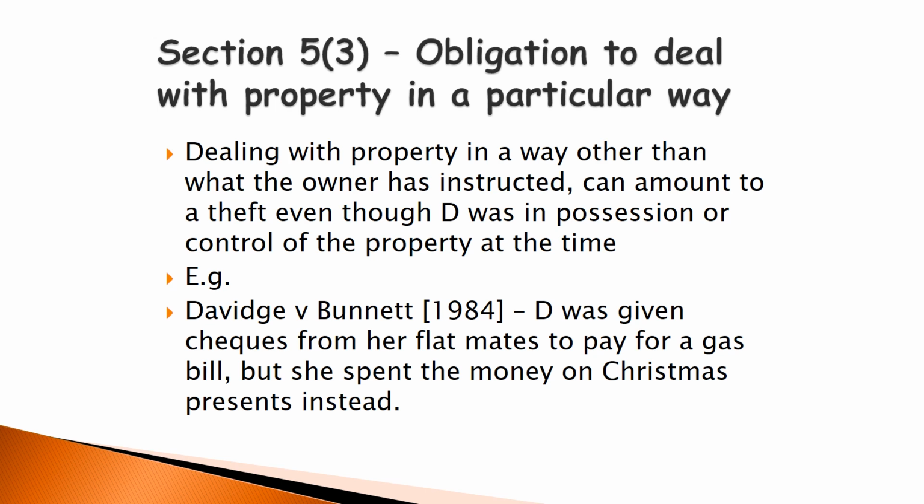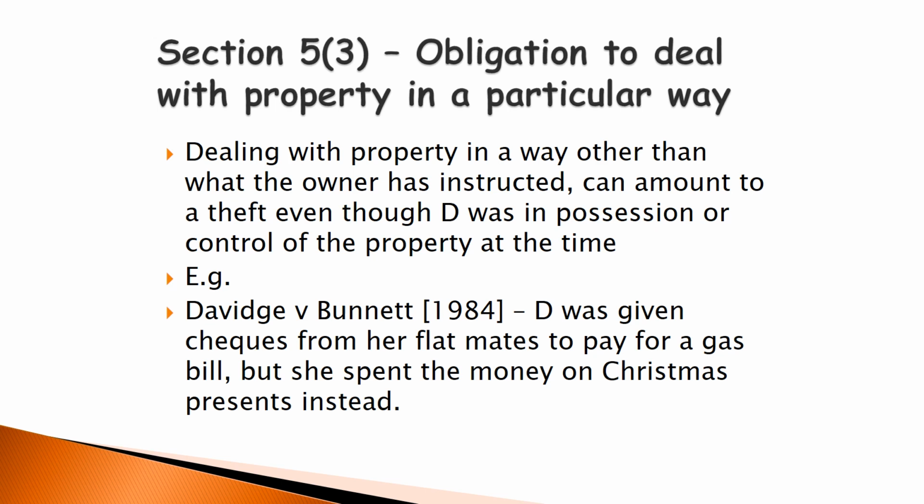A classic example you could see, if this subsection wasn't here, is where somebody might be able to get away with theft. If you were given property by somebody and instructed to do something with it, then you could still be guilty of theft, even though you were technically the owner of that property at the time because you were in possession or control of it. A classic, really good illustrative case is Davidge and Bunnett.